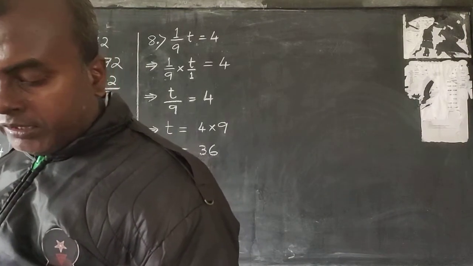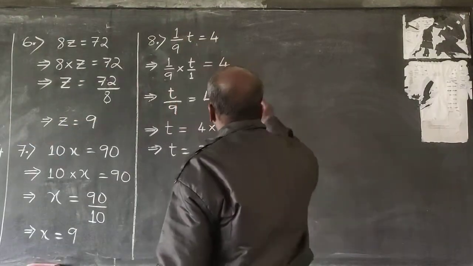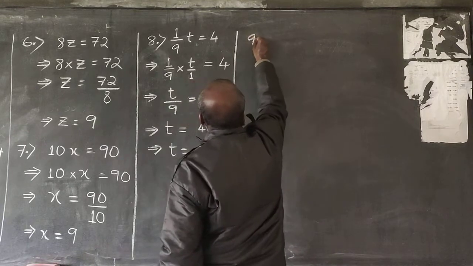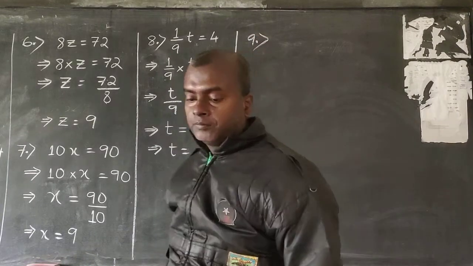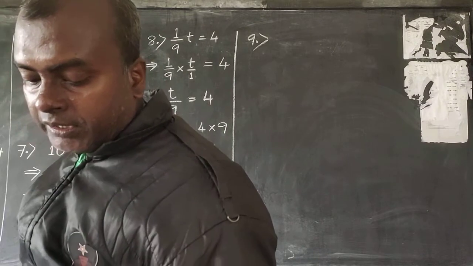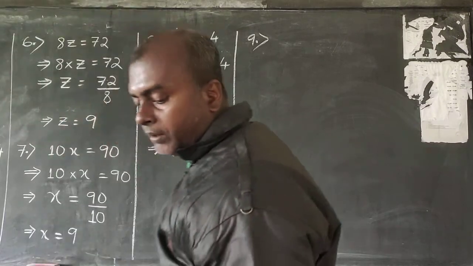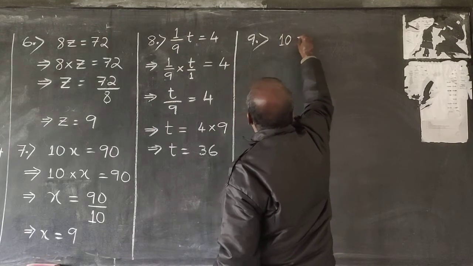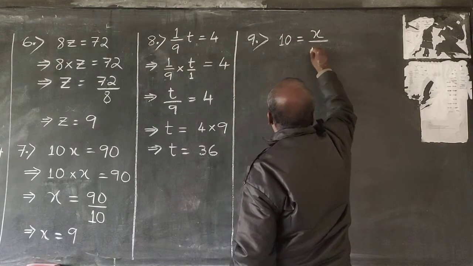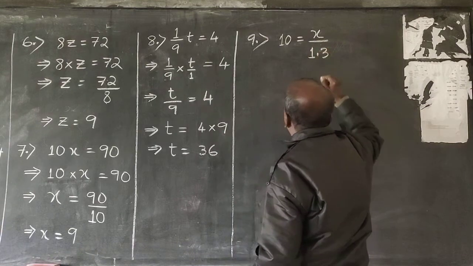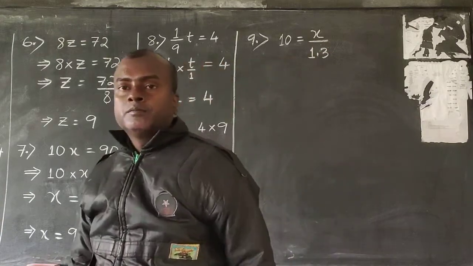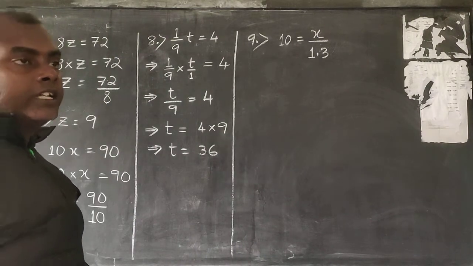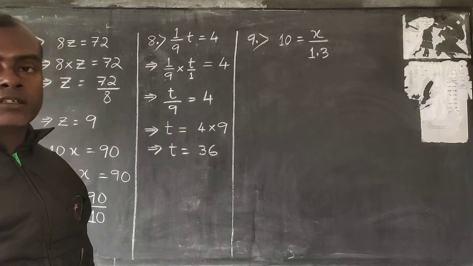Let's do question number 9. Question number 9 says 10 equals to x divided by 1.3. All this while, the variable side used to be on the left hand side.